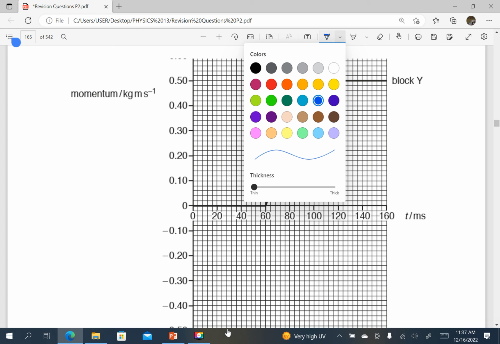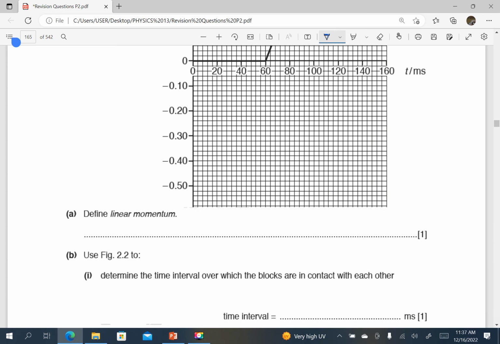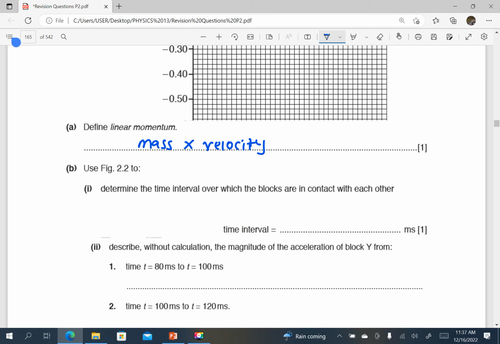Define linear momentum. Of course, linear momentum is the product of mass and velocity. Then use the figure to determine the time interval over which the blocks are in contact with each other.